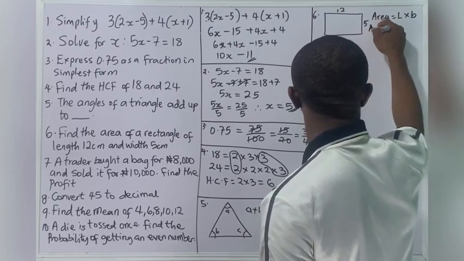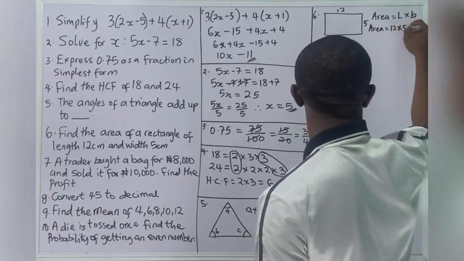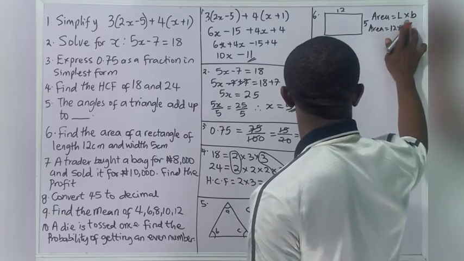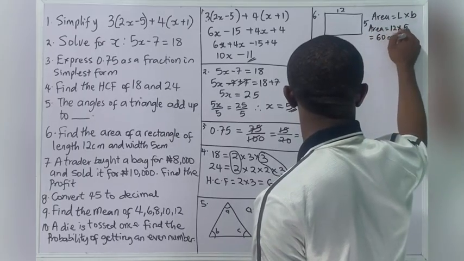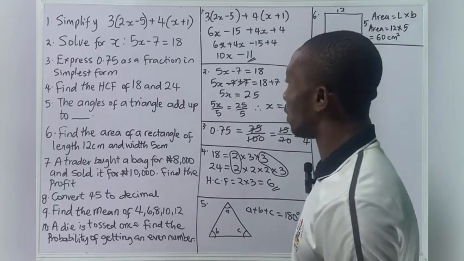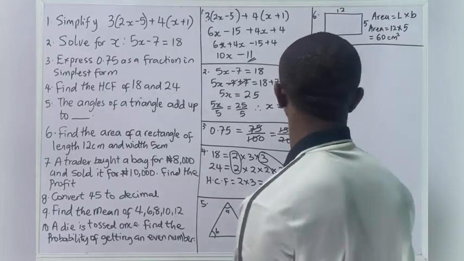So our area here will be 12 times 5, which gives us 60 cm squared. So that forms our area. Our area for the rectangle will be 60 cm squared.